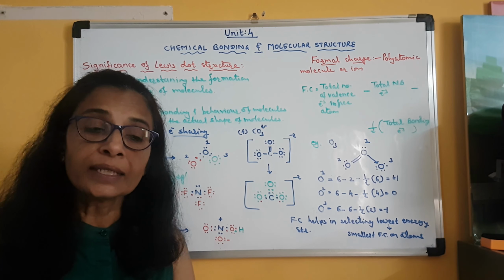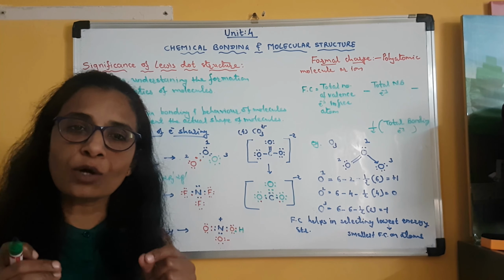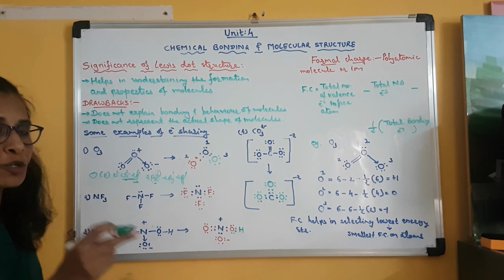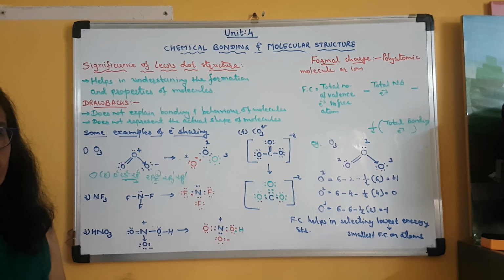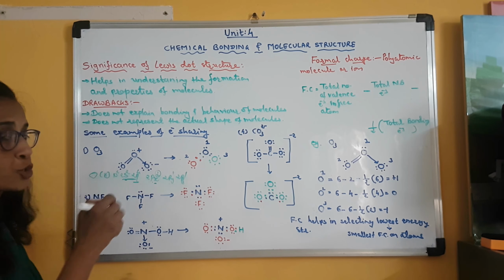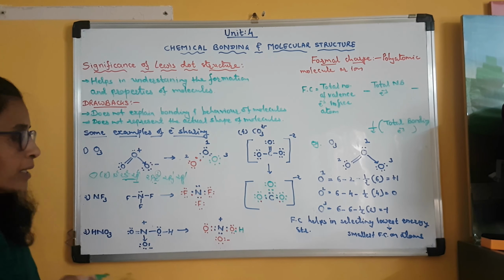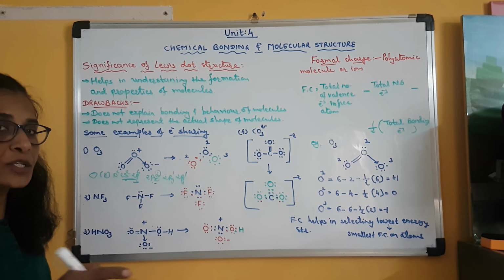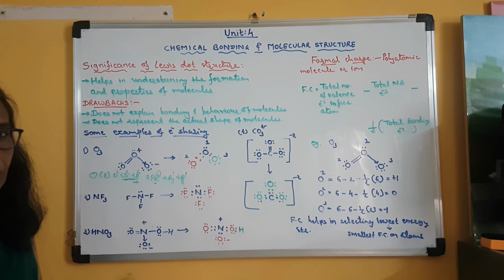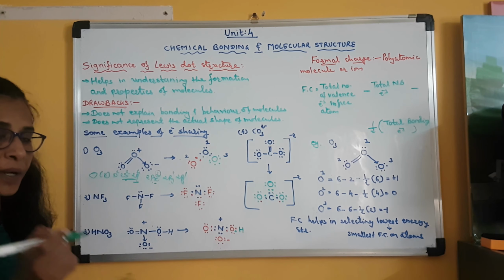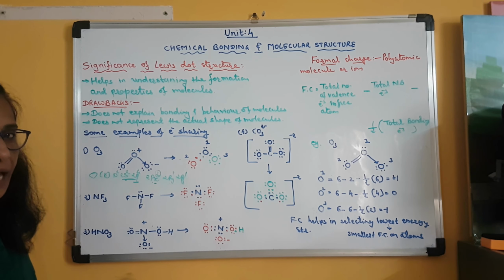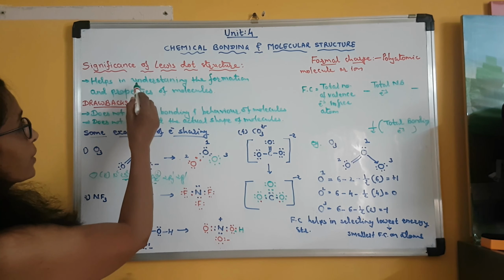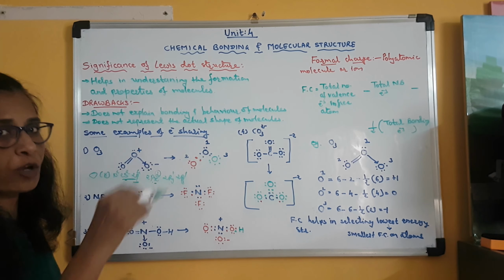Clear? And the coordinate covalent bond is always shown by an arrow. The point of the arrow is always towards the acceptor and the tail of the arrow is towards the donor. Is it clear? So in the textbook, this coordinate covalent bond is not shown by an arrow. It is just a dash. But you have to understand that when you go for the Lewis structure, as I have written here, it helps in understanding the formation.